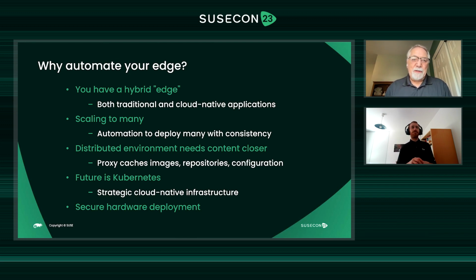So first of all, many people will have what's called a hybrid edge, where some of your applications are running on top of containers and require Kubernetes or some type of container management. And at the same time, you may also have traditional applications that run on virtual machines or on servers or point of service devices out at the edge. And you have to scale to many.